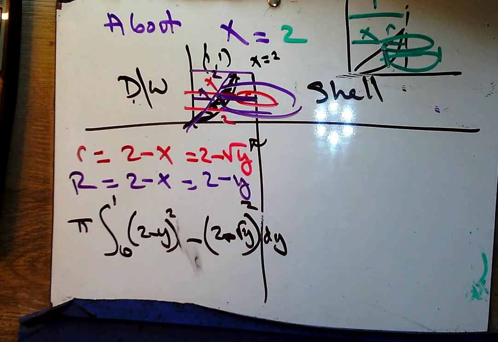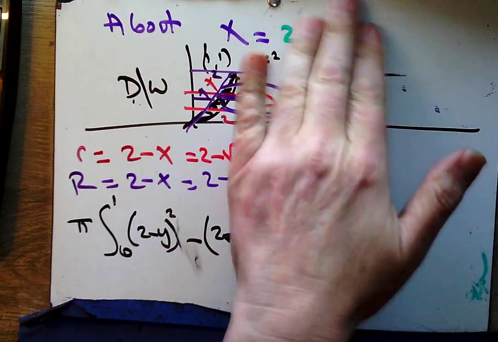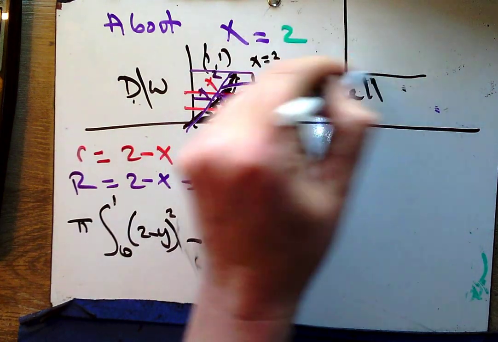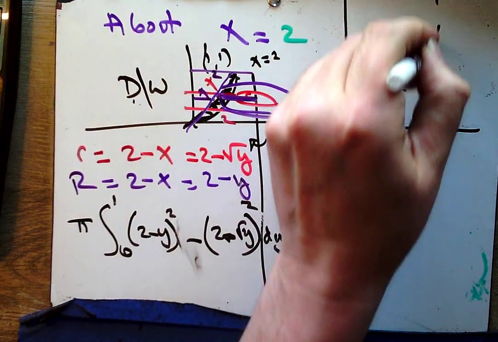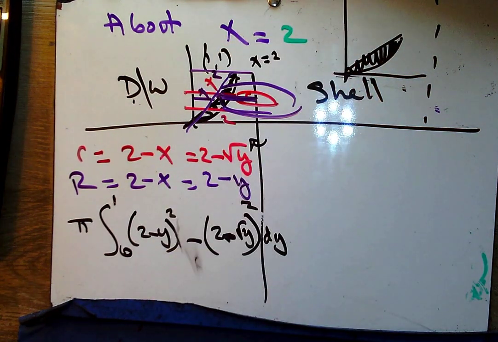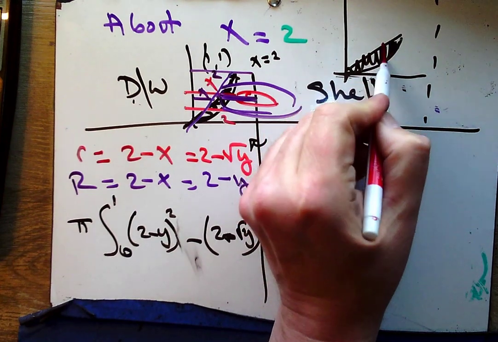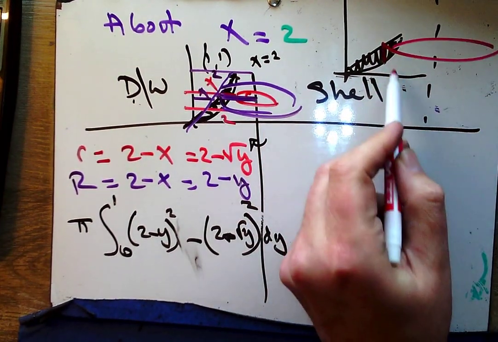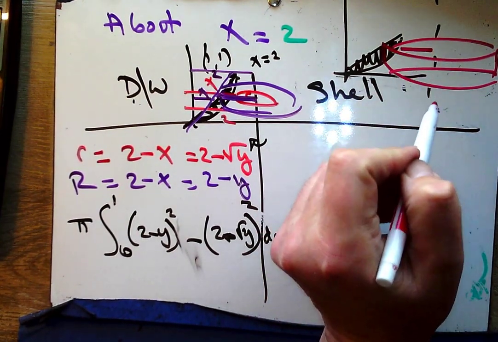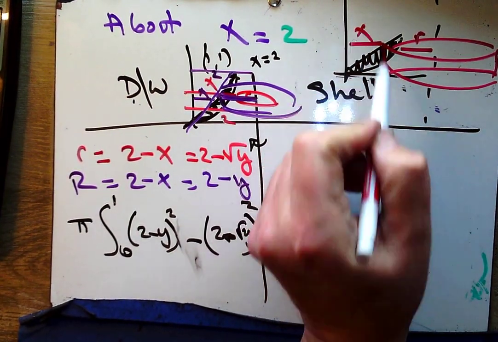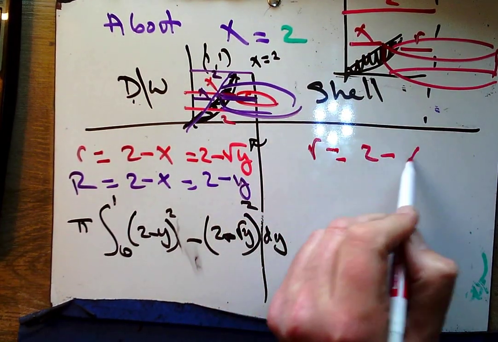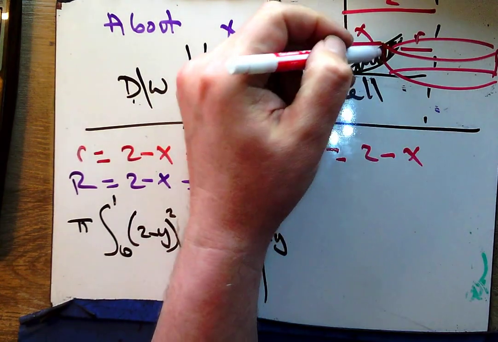All right. How about shells? How did shells go for you? We're rotating around x equals 2, this region, and we want shells. So when we're doing shells, we draw something parallel to the axis of rotation. You can see that my radius is here, that this is x, that this is 2. So r is 2 minus x. Well, what about the height?